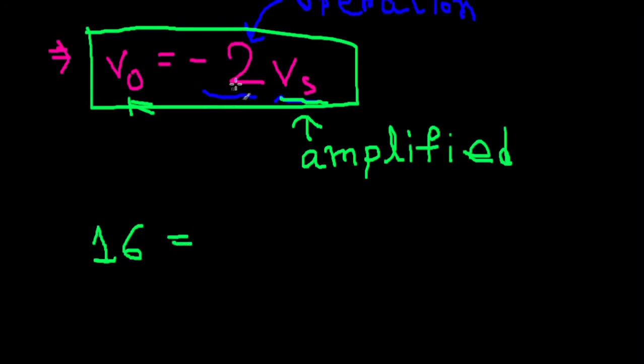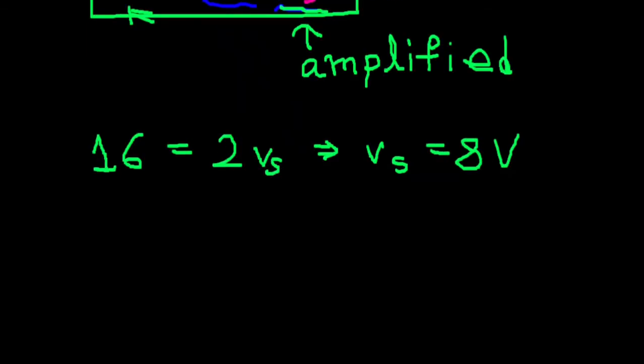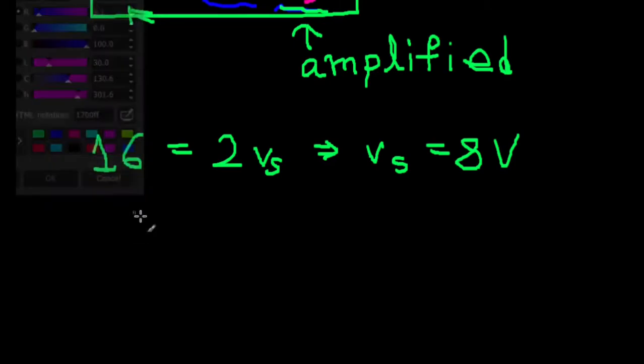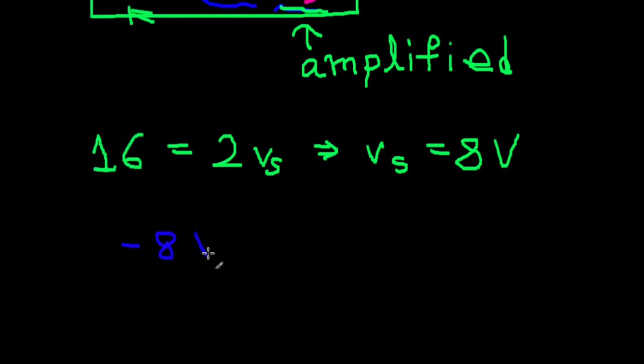I'm going to work with magnitudes because that's a plus minus thing here. So if that's 16, this is equal to 2 vs, and vs equals 8 volts. Basically it means vs is going to be limited from negative 8 volts to 8 volts for normal operation of the op amp.